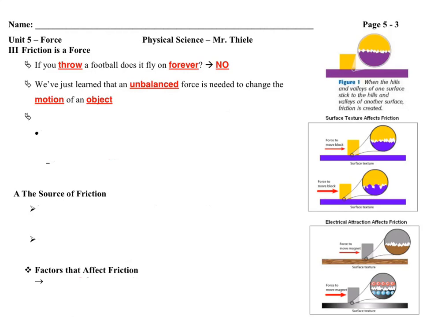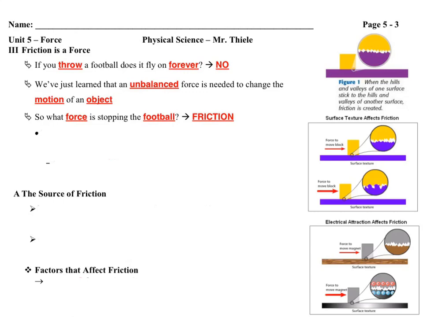When the football is moving, it has some speed and some direction, but then when the receiver catches it, it stops moving. So there has been a change in its motion, so there has to be an unbalanced force that causes the change in the motion. What is the force that changes the motion of the football? The answer is friction. Friction is the force that causes the change in motion of the football.